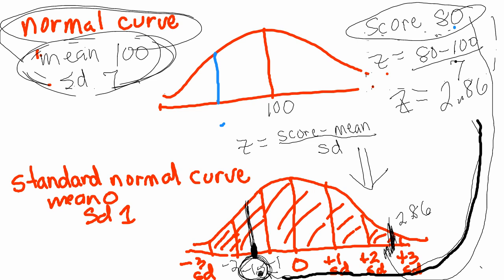We had two separate normal curves, and one had the z-score of negative 1.5, the other was 2.86. Now we can see that this score of 80 is way above the score of 75 on that other test.